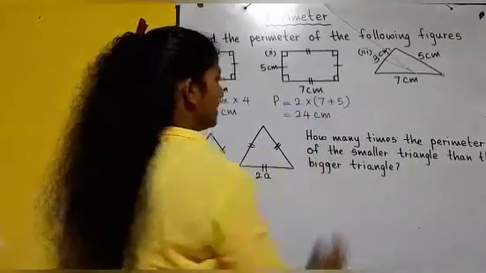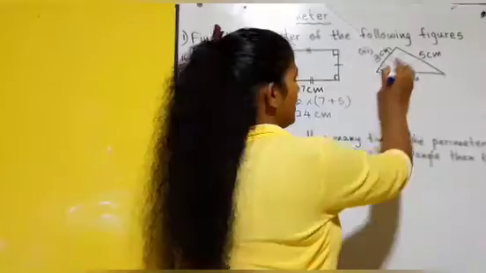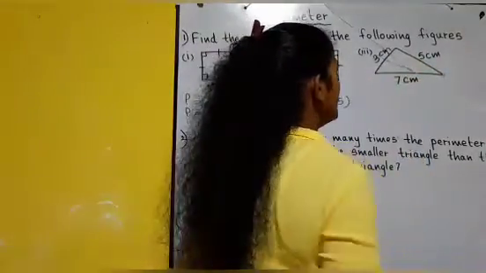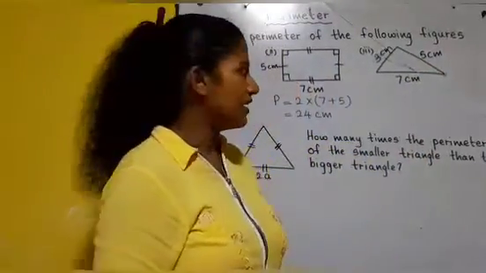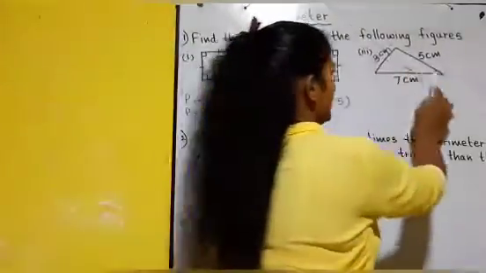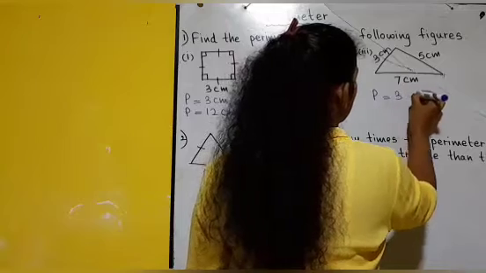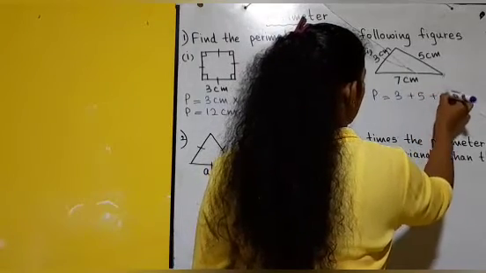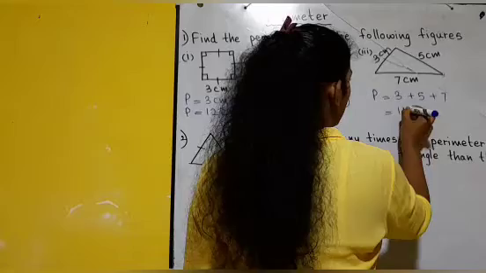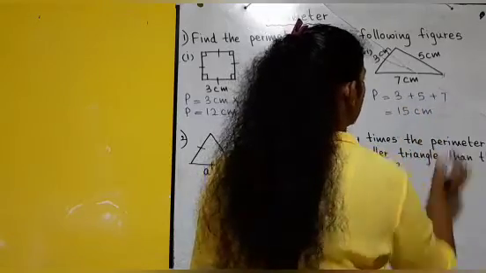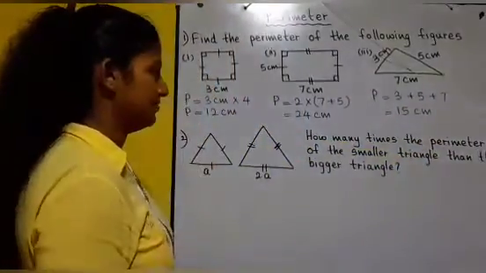This is the answer. Third one, we can take the surrounding length of the triangle by adding the 3 lengths. Perimeter equal to 3 plus 5 plus 7. Then we obtain 15 centimeter as the answer here.